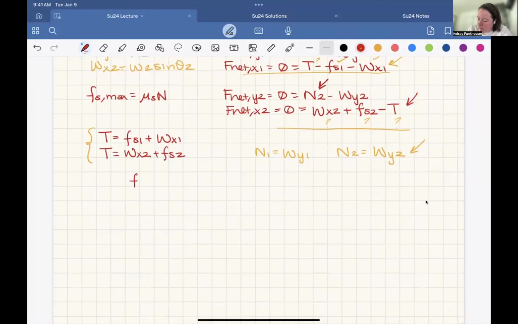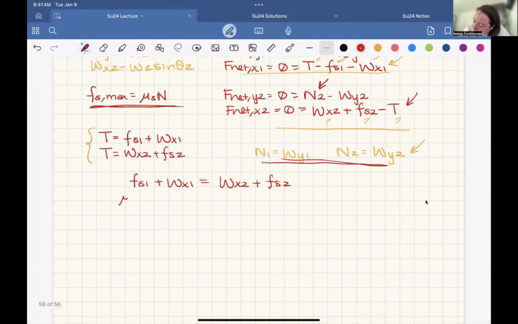So we have static friction 1 plus the X component of the weight in 1 is equal to the X component of the weight in 2 plus the static friction. And then we'll plug in this and this: the maximum static friction force equation and the normal force equation.